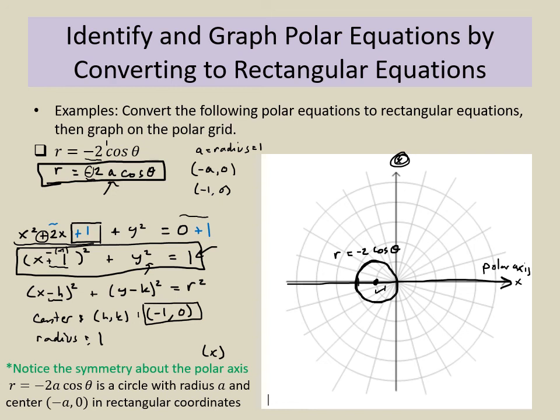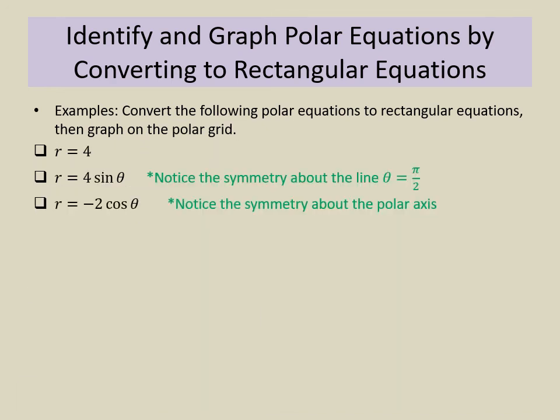Okay, so this is the last example that we're going to do with converting to rectangular equations first. The next examples are going to be ones where we're not going to convert. We're actually going to use the polar coordinates and polar expressions we've learned. But let's summarize those ones that we've seen first.